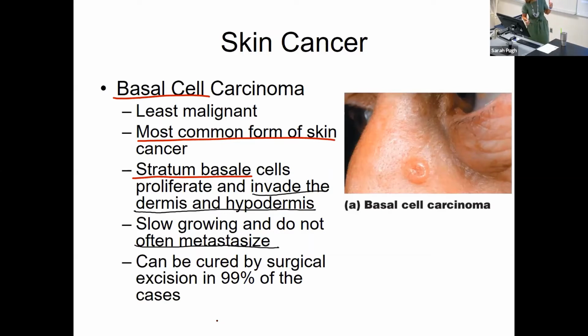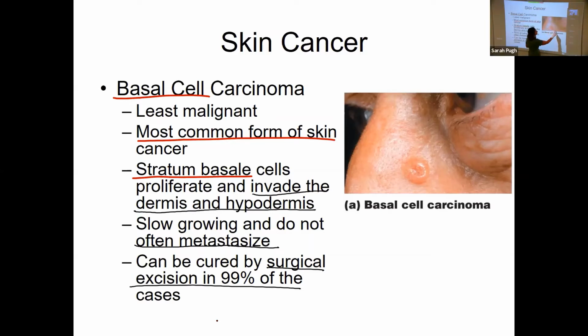And this one can actually be cured most of the time, 99% of the time, by just doing this sort of wide surgical excision. And this would just be where they sort of cut out the cancer. So they would just cut out this whole region, do a big wide excision, and then stitch it back together.